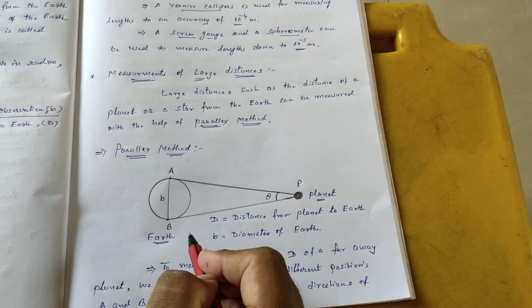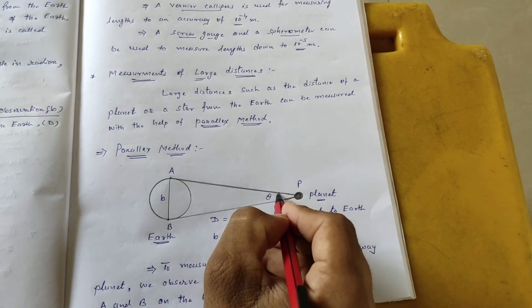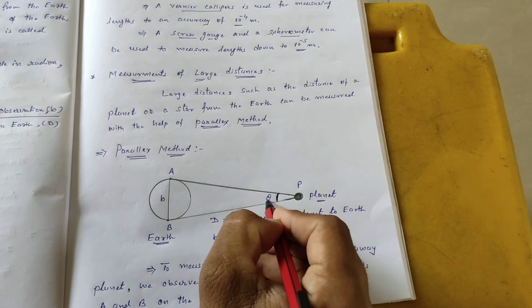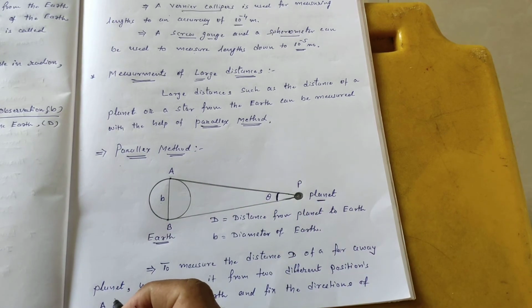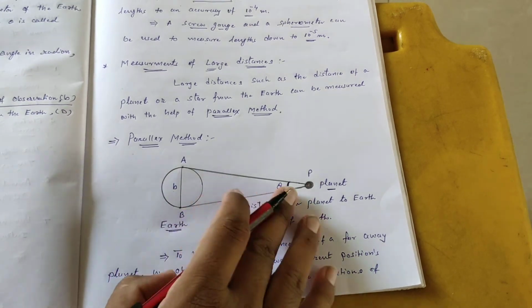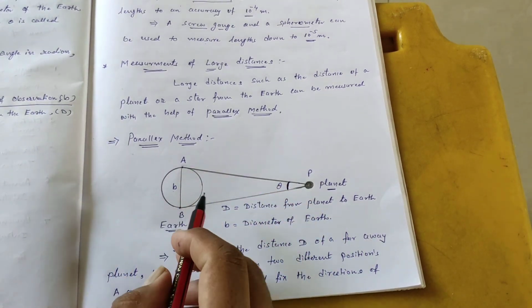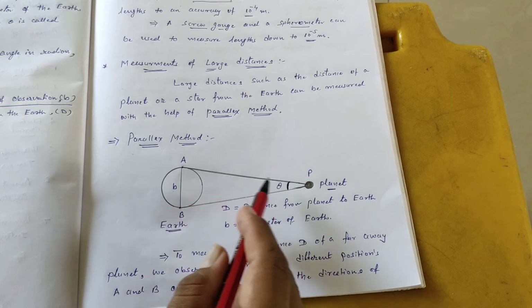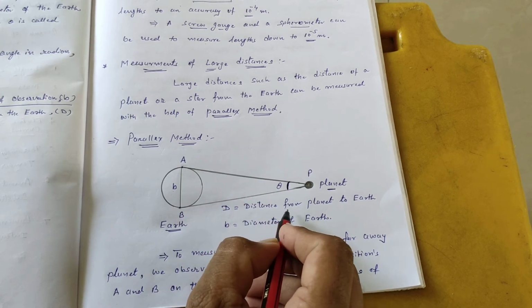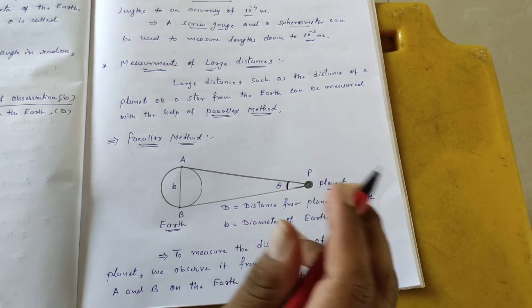In that case, one angle is formed, and that angle is theta. It is indicated as a parallax angle. Observe one by one and you will get the distance. That distance we consider as d, the distance from planet to Earth.